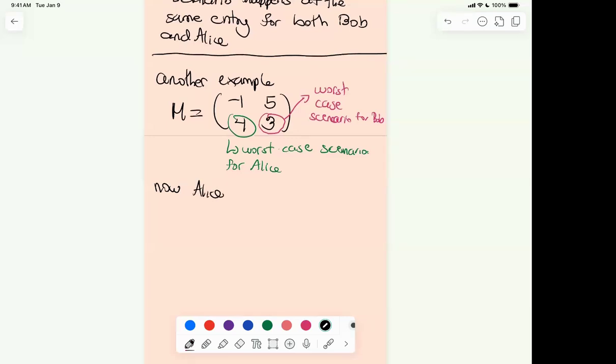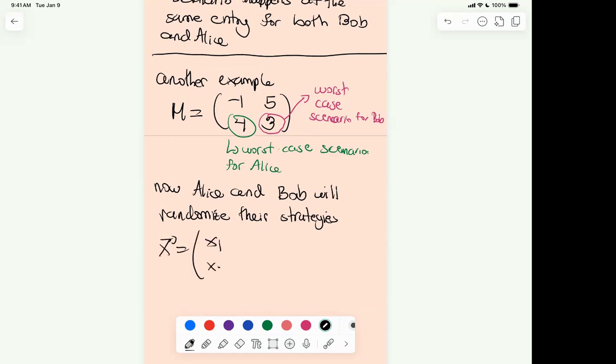Now Alice and Bob will randomize their strategies. So Alice is going to be, I'll use the vector notation, x1 and x2.